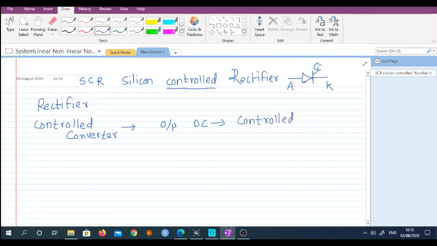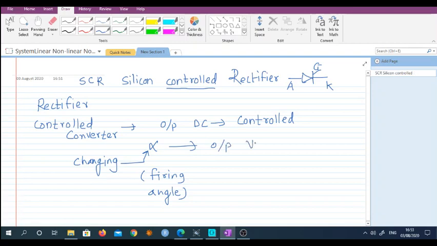Control means by changing the firing angle, by changing alpha. This alpha is called the firing angle. So by changing the firing angle, we can change the output voltage. We'll see this by understanding the waveforms.